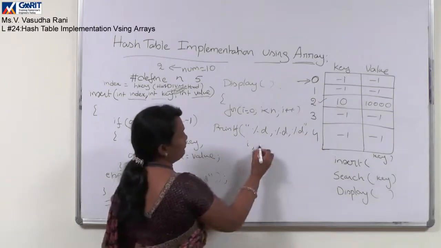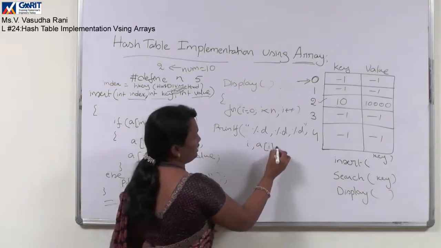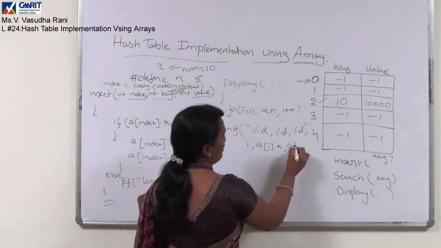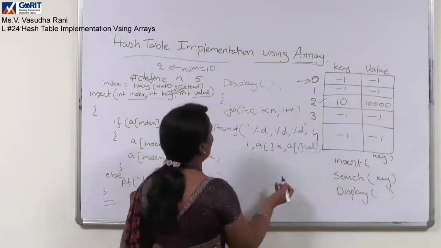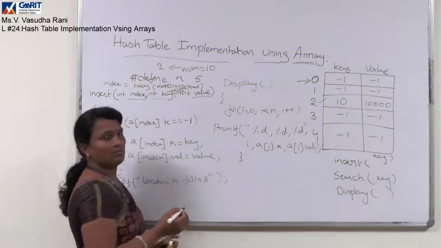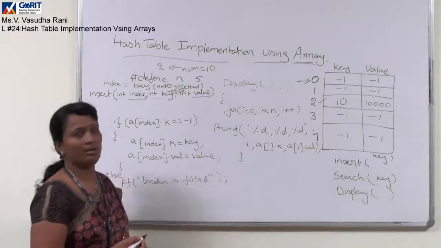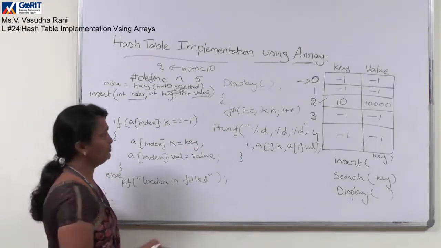It is I, A of I dot k and A of I dot val. So this will be the code for display of hash table information.